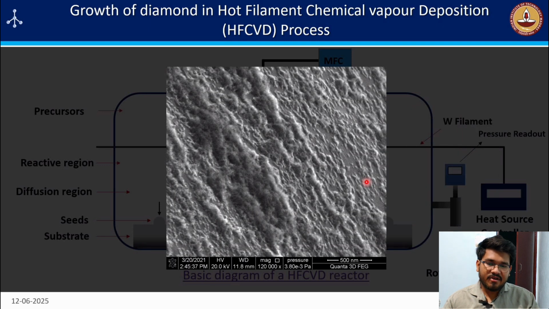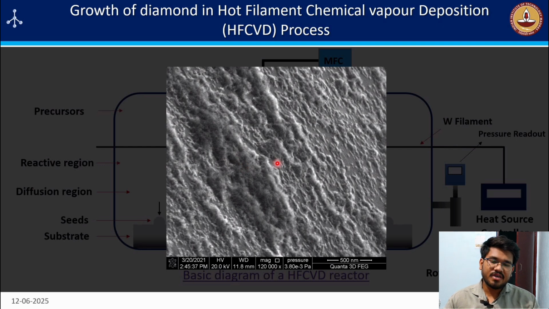and before actually growing the diamond you need to seed the substrate. In our case we used silicon as a substrate, and on top of that you ultrasonicate the samples in a diamond slurry solution, basically small diamond particles mixed in ethanol solution.